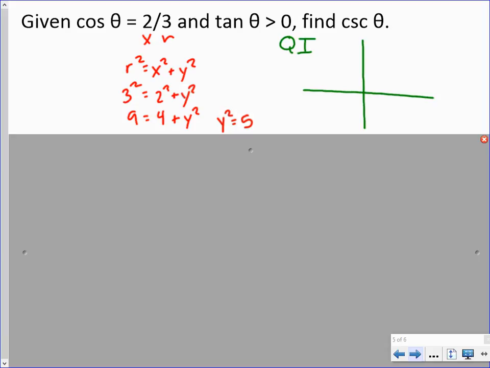And that would mean, when I drew my right triangle, my point was somewhere over here. Callie had told me the radius was 3 and the x was 2. I went 2 to the right. But to create a right triangle, you could have gone up or down, right? So the tangent of theta being a positive number is what tells me that my y value must be a positive square root of 5.